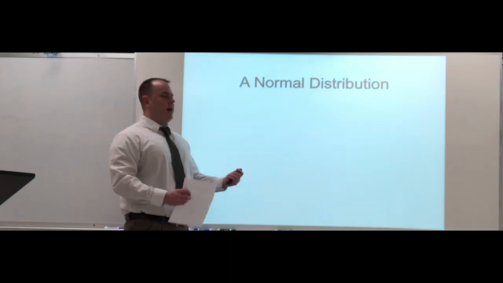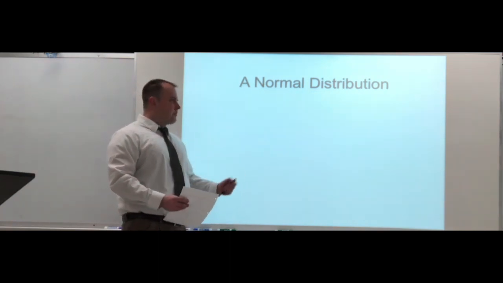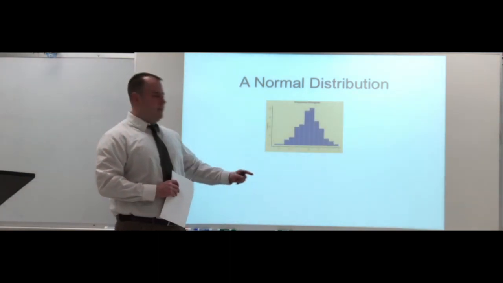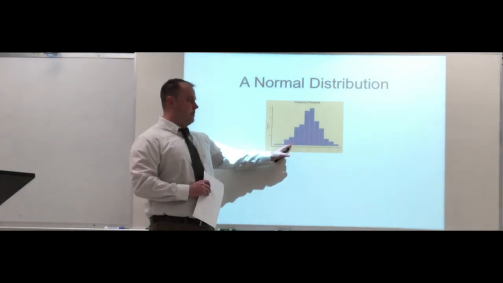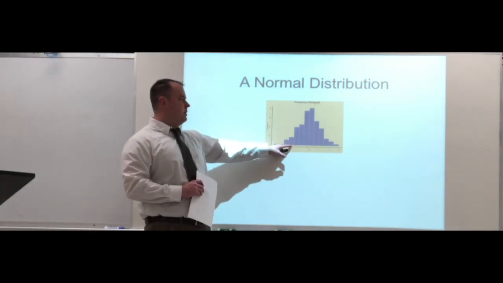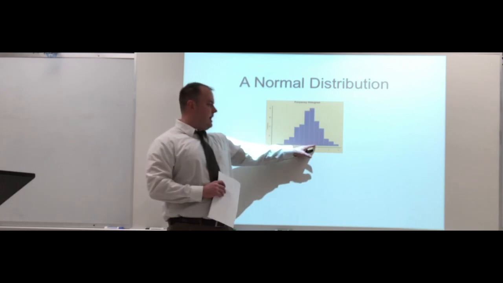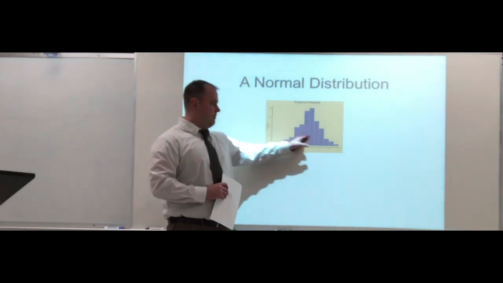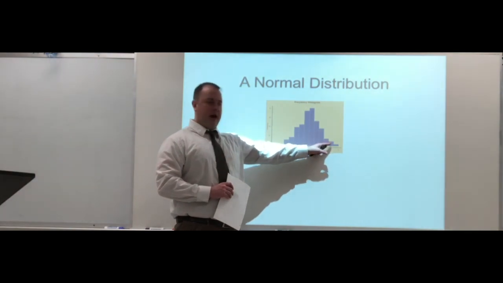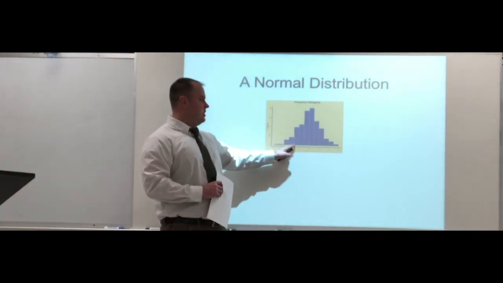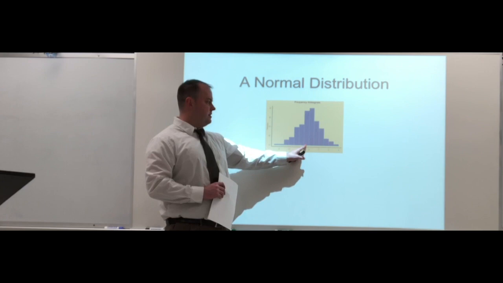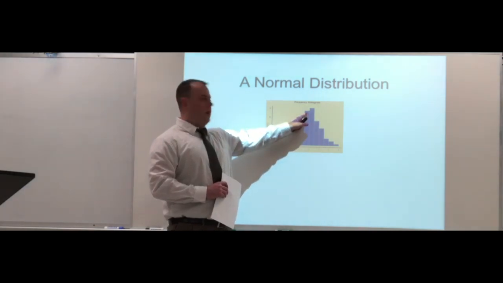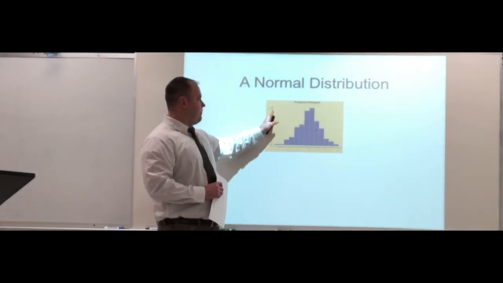What I mean by how things fall is, if we put together what's called a histogram, this shows you how things are falling. In this example, most things fall right around the center, and as you get farther away from that center, fewer items are happening. These are frequencies. For this interval here, it shows up about 40 times.